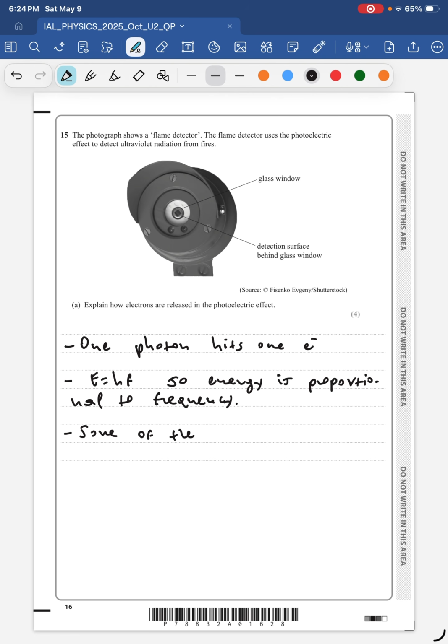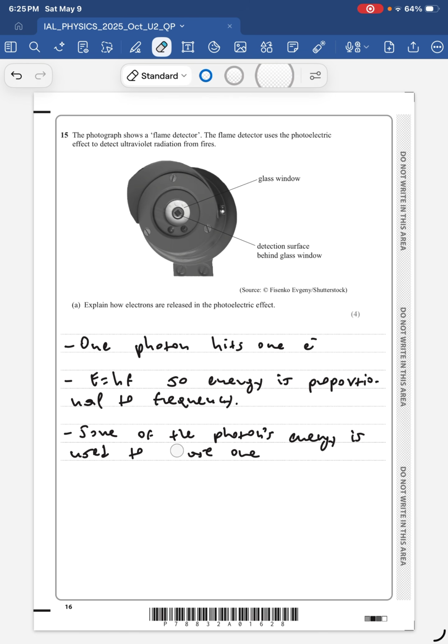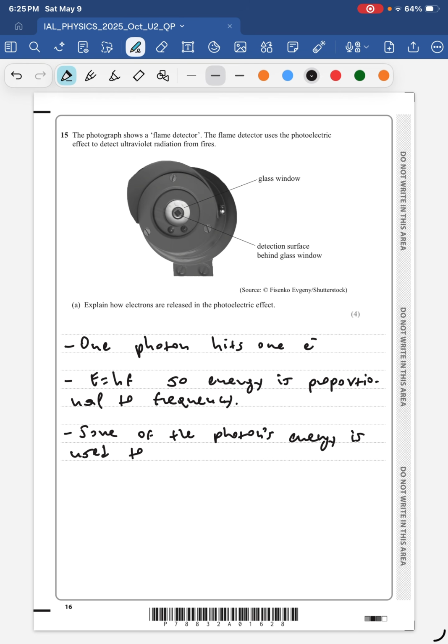Some of the photon's energy is used to release one electron, to overcome the work function. Whatever energy is left from that operation is converted to kinetic energy of the electron.